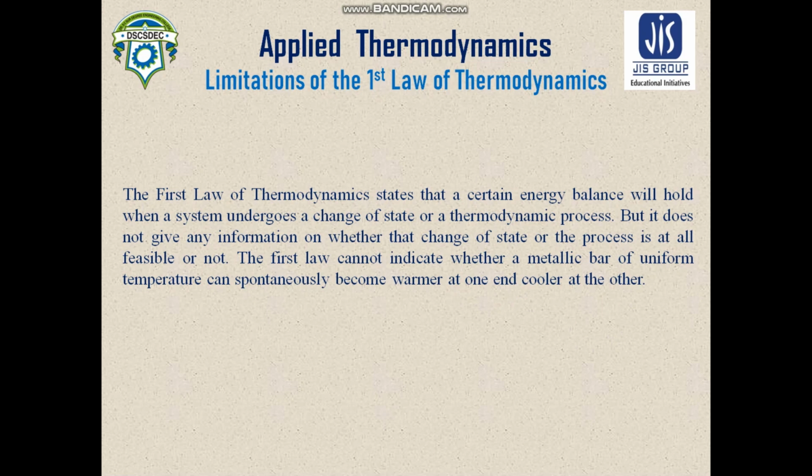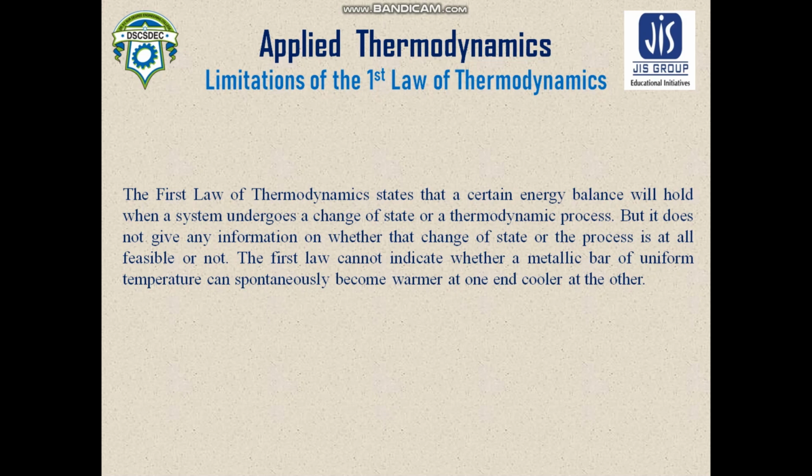A metallic bar is maintained at a uniform temperature. Now someone proposes that this metallic bar needs to be warmer at one end and cooler at the other. This involves a thermodynamic process, but the first law doesn't have any answer to this question.